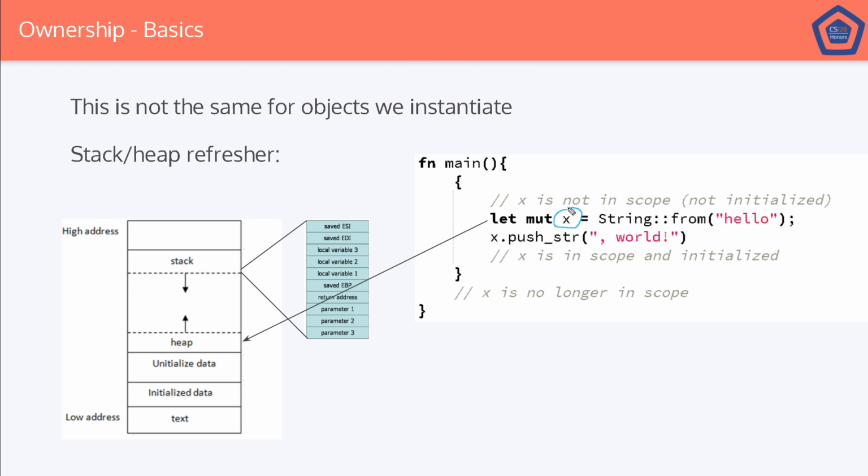And so if we actually look at what happens here, we call the String::from function. And what it's actually going to do is allocate us a little piece of memory within the heap that's going to store this data. And then the value of x is going to be the location of this data.